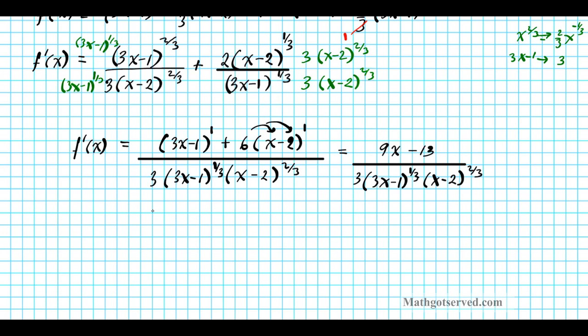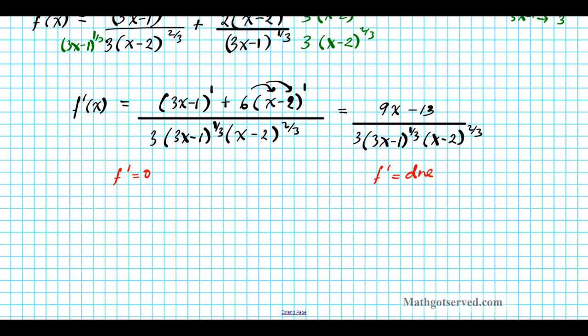Now to find the critical points, we need to find where the derivative is equal to 0 and where the derivative does not exist or where it's undefined. Let's do the first one, where it's equal to 0. So what we'll do here is simply take this derivative expression we found and set it equal to 0.